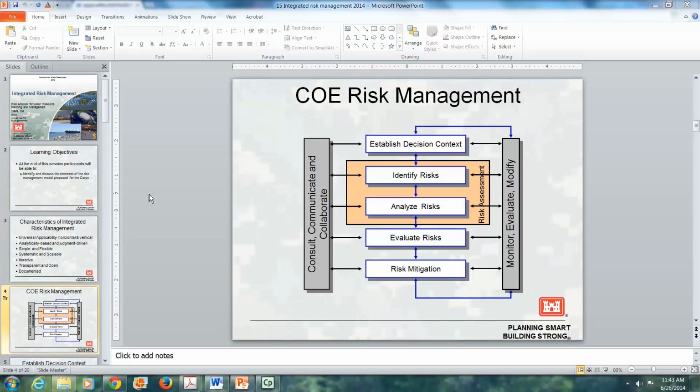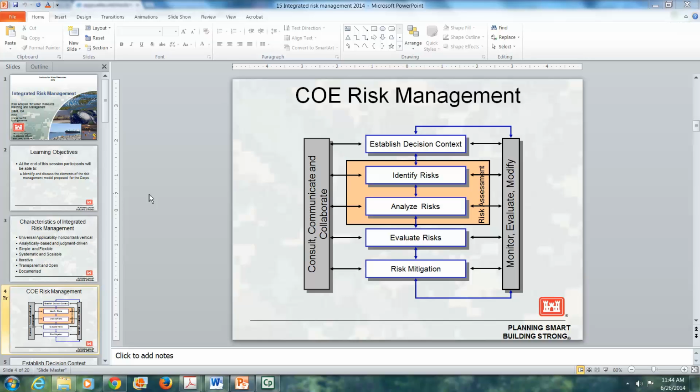But let me begin then by introducing the Corps of Engineers risk management model here. This basically is their risk analysis approach, and they also prefer to use the term risk management as the overarching concept. Here's a little bit of background on this model. After Hurricanes Katrina and Rita, the U.S. Army Corps of Engineers made a conscious decision to become more of a risk management agency.